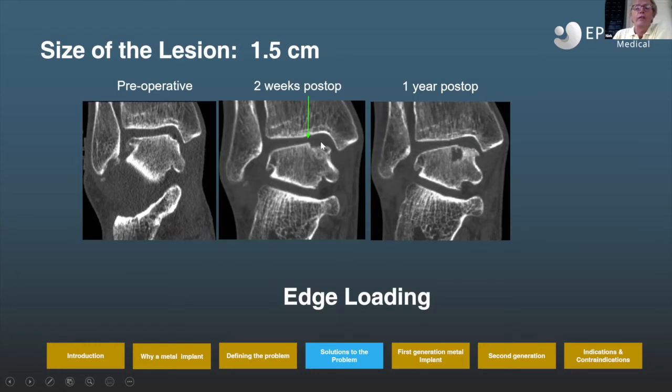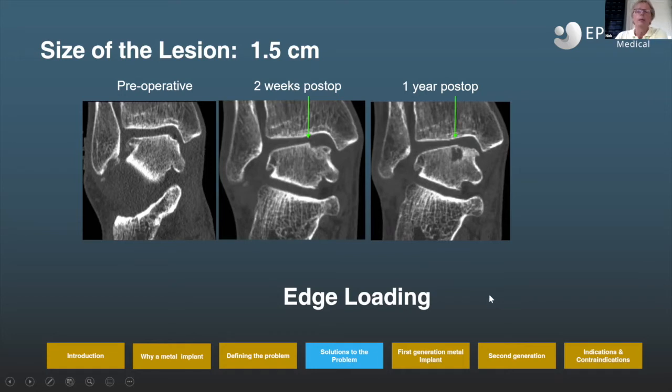Even if it's filled with fibrocartilage, the compression is on the edge. And that's exactly 1 year post-operative, where you see a new cystic lesion if you have a large lesion like this. So this principle of edge loading for large lesions is very important to understand the mechanism of persisting complaints and prevention of those complaints with a metal implant.